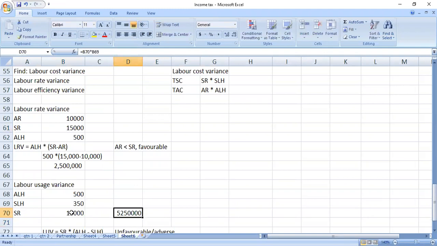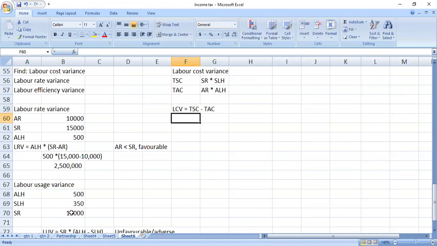It is 2.5, so it's actually bigger. Therefore, our formula is labor cost variance equals total standard cost minus total actual cost.